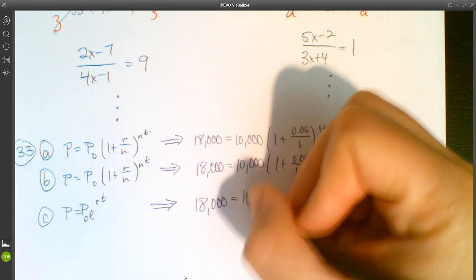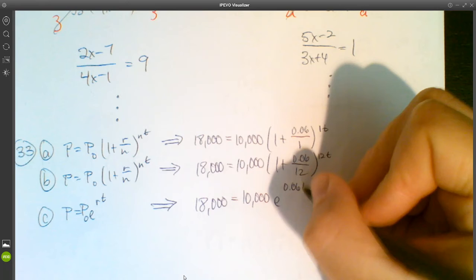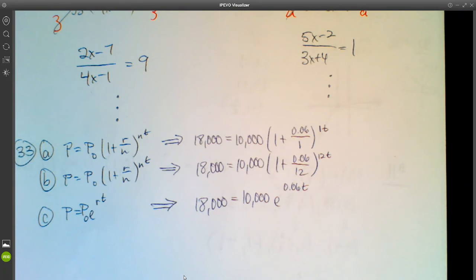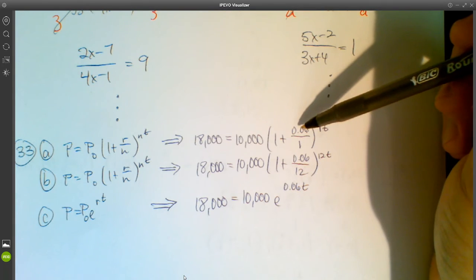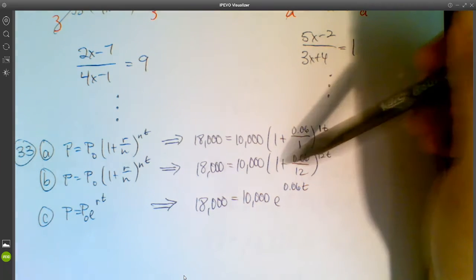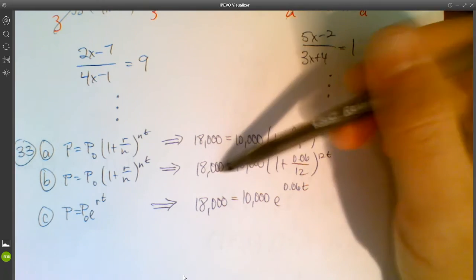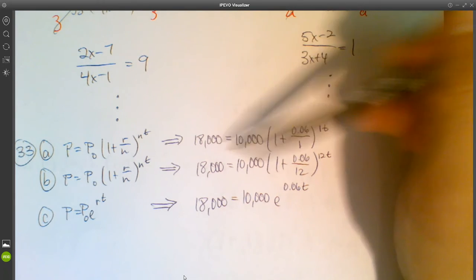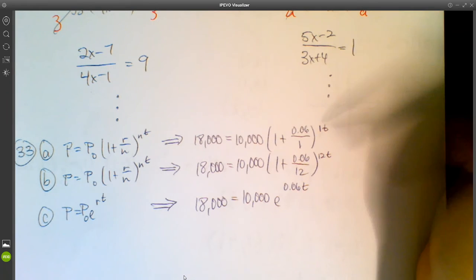Your final amount is your initial amount times e to the r times t, and you solve that for t. This last one is the easiest to solve for t. But in every single case, what I would do personally is simplify the stuff on the inside of the parentheses. I would divide through by 10,000. So you're going to get 1.8 equals 1.06 to the t.